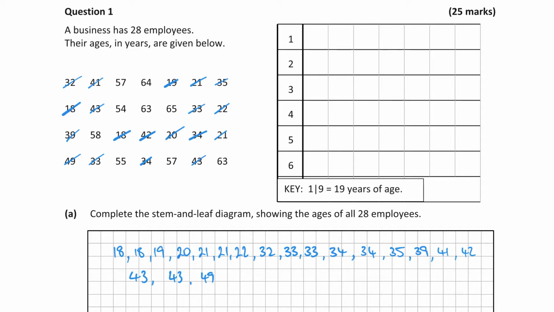The smallest in the 50s is going to be 54, 55. Next will be 57 and 57, and next there will be 58.